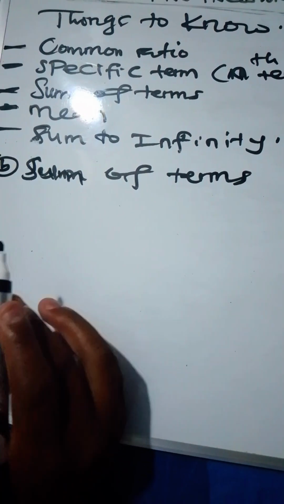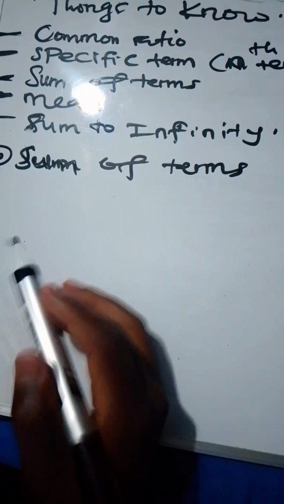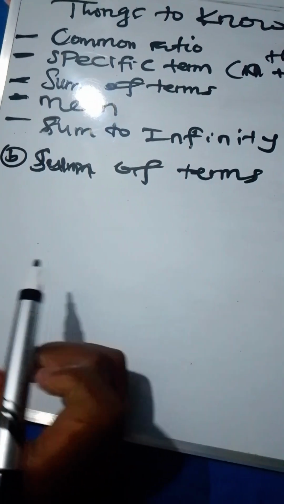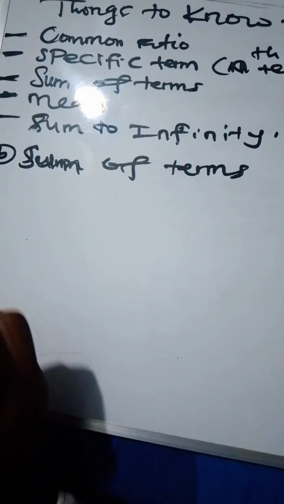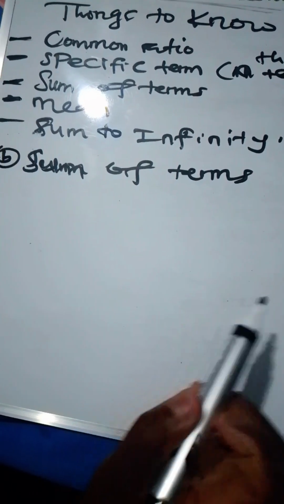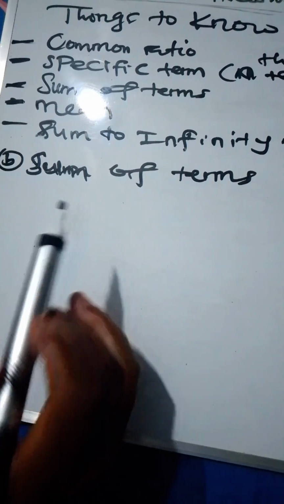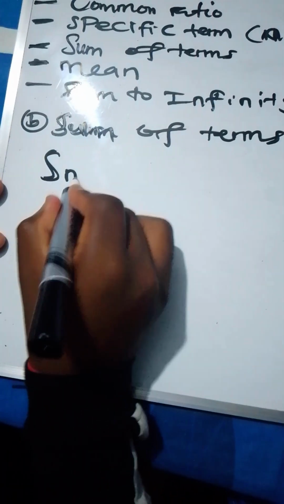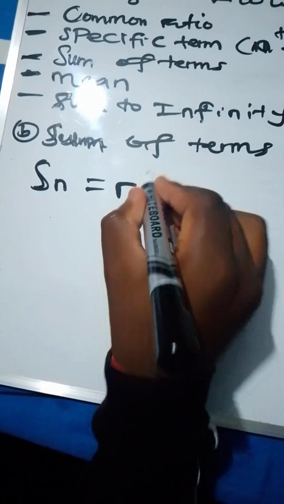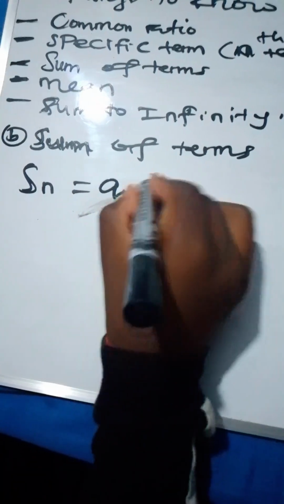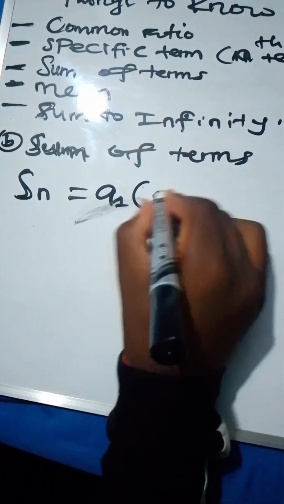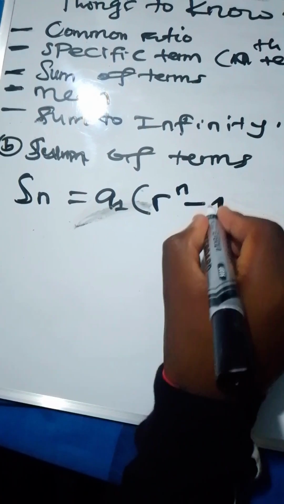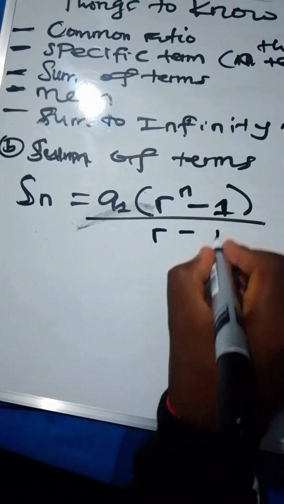The formula that you're going to use to calculate the sum of the terms depends on the common ratio that you're going to find. Is the common ratio greater than 1 or less than 1? Sn is equal to a, open bracket, r to the power n minus 1, over r minus 1.